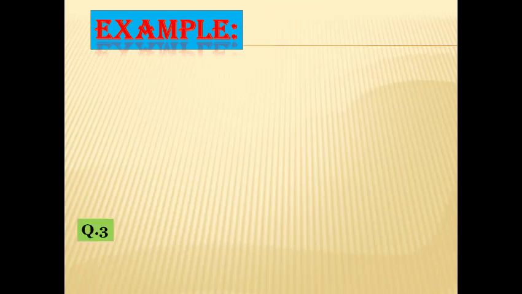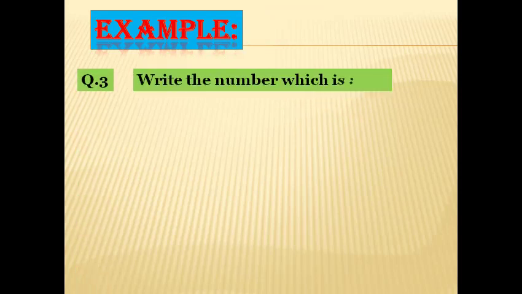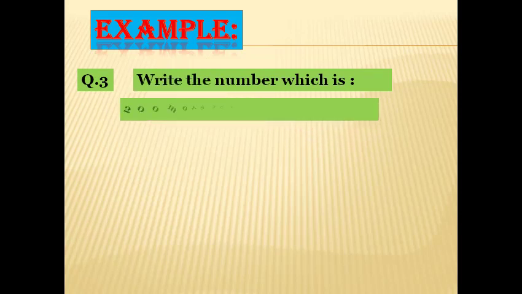Example 3. Write the number which is 200 more than 125,000. In this example, we will place the biggest number on the top and the smallest number on the bottom.